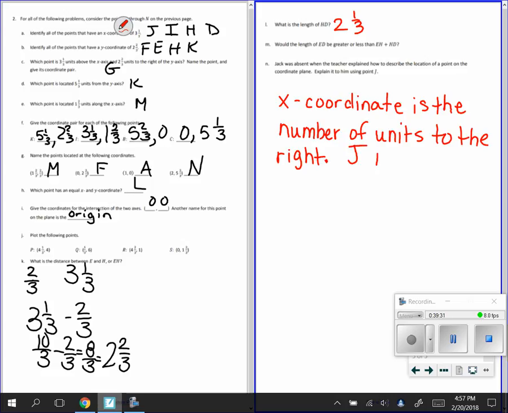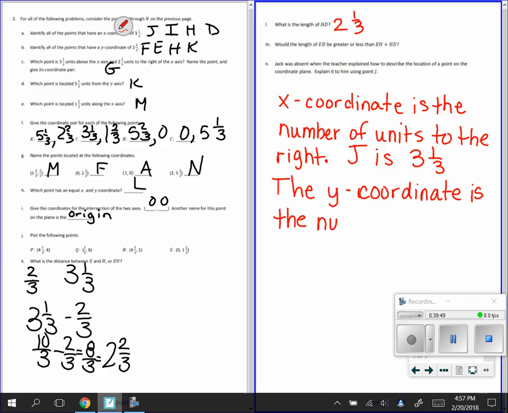J is 3 1/3. The Y coordinate is the number of units up. J is 1/3.